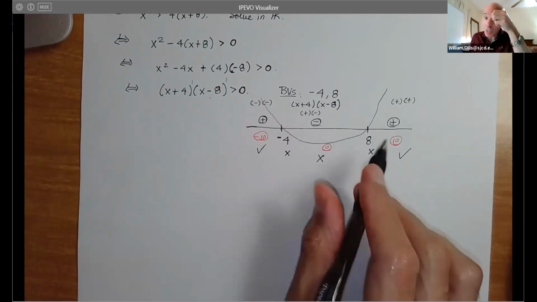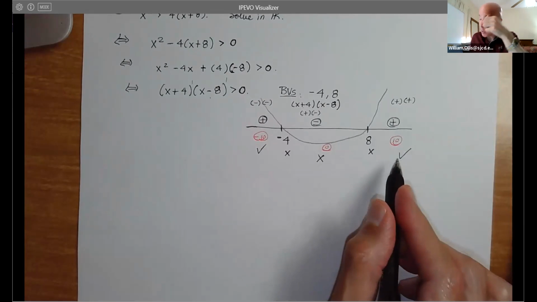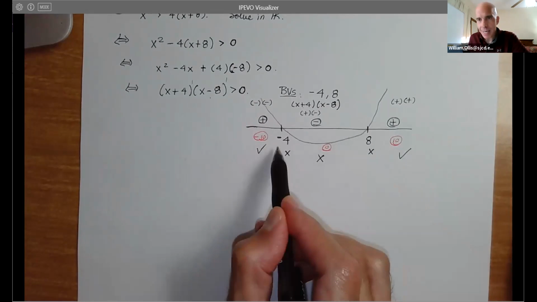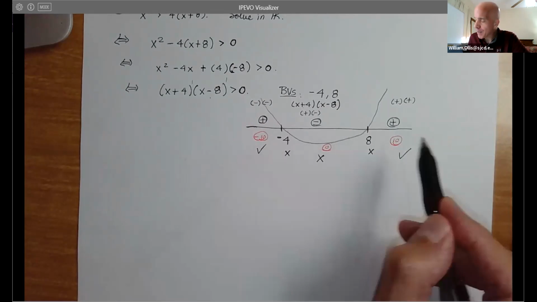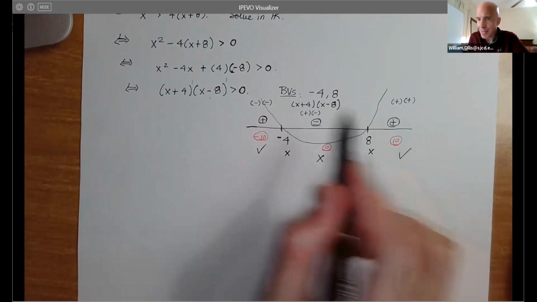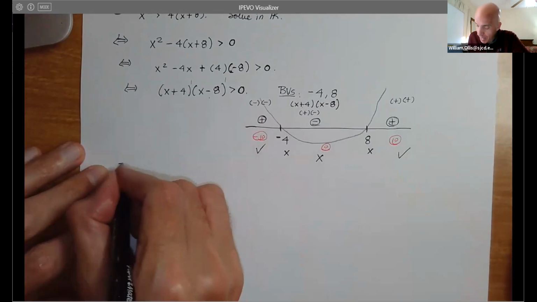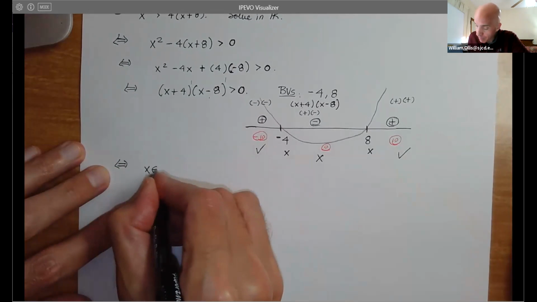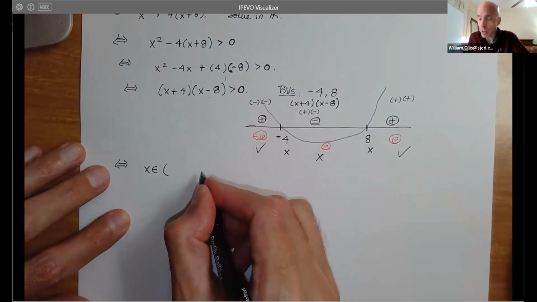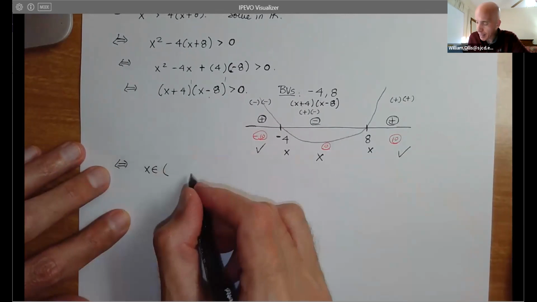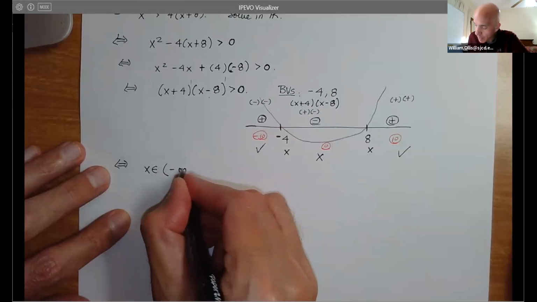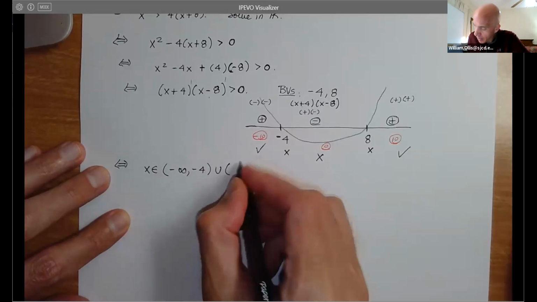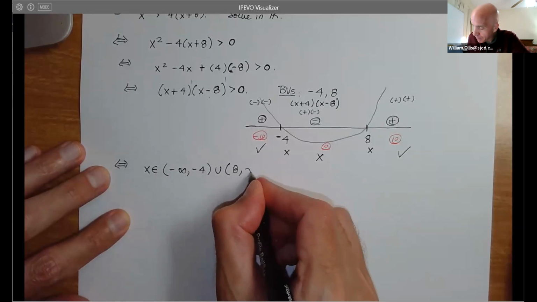So now when you look at this problem here, you're thinking, well, follow the checks. If x is less than -4, and if x is greater than 8, this is true. So this implies, or if and only if, x element of, and you can use your interval notation because, you know, WebAssign likes it, -∞ to -4, union 8 to infinity.